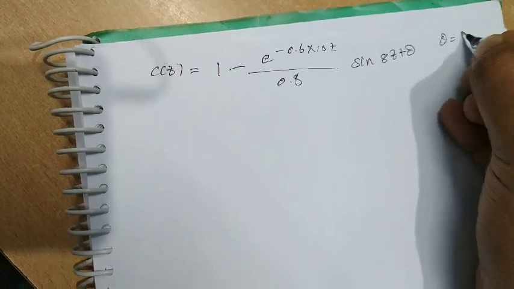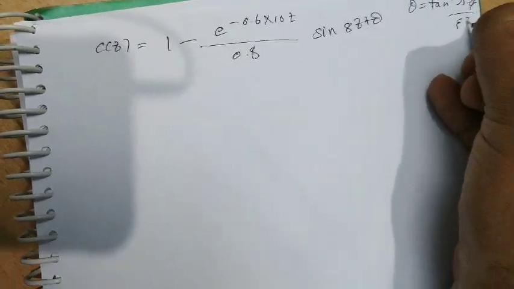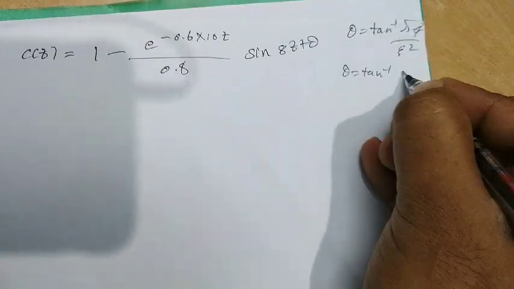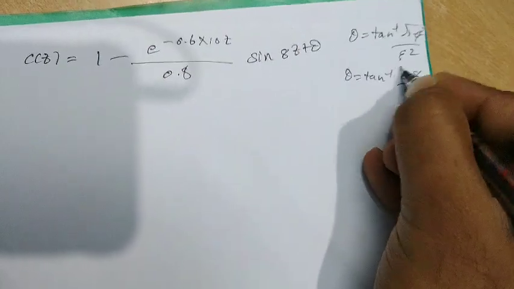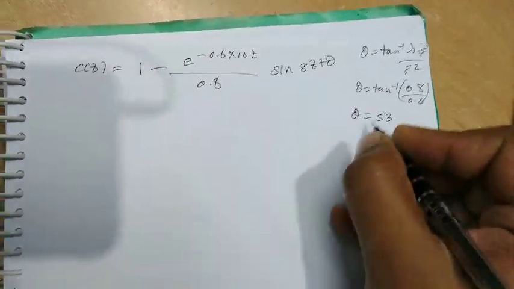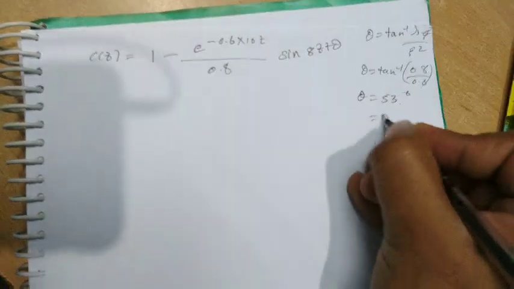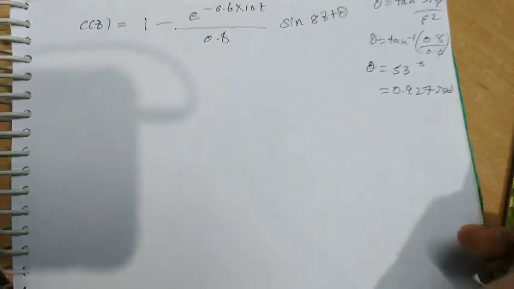Theta I can find from tan inverse of under root 1 minus zeta square by zeta. So theta is equal to tan inverse of 0.8 by 0.6. Finally, I'll get this theta as 53 degrees, or in radians I'll get 0.927 radians.